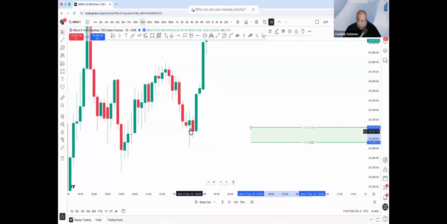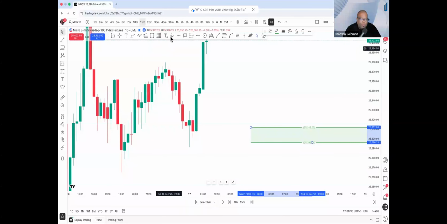When you look inside of your zone, and you see that there's a candle, even if it's just one candle, but many times it's more than one candle, where the zone has more wick than it has body.